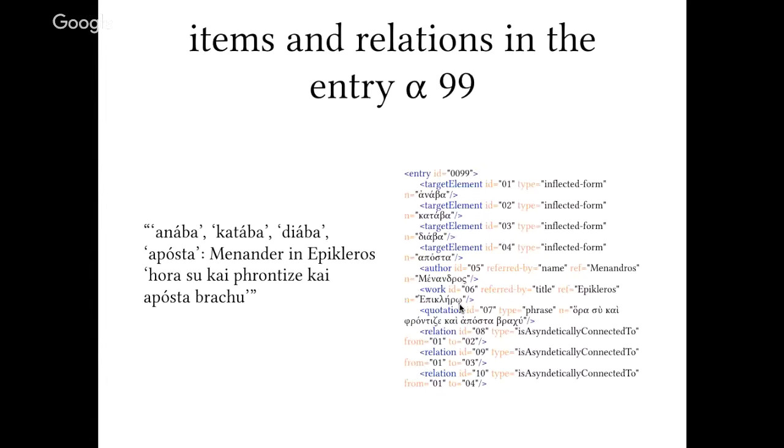At the same time, I try at the end to produce annotation for the relationship between the four different entries, or headwords, as is asymptotically connected to. I have to say here that this is not optimal in any case, and I have to work more on the ontology in that respect in order to make explicit what is the relationship between these four different headwords in this entry.